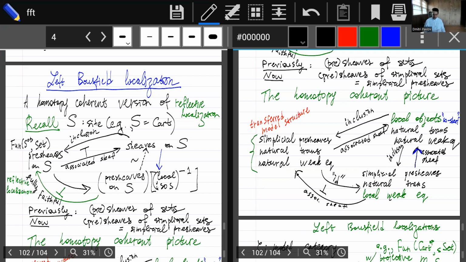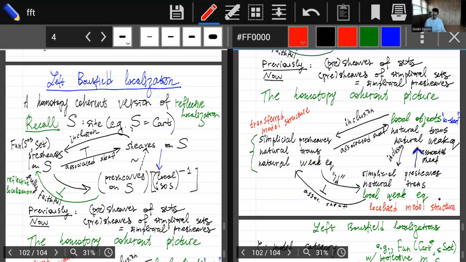So what we'll see in a second is that here we have the transferred model structure, and here in this lower right corner we have the left Bousfield localization of the transferred model structure. And you can already see what this means.